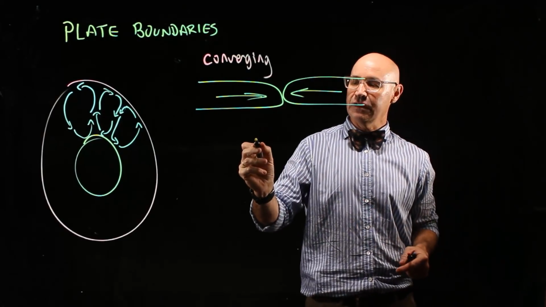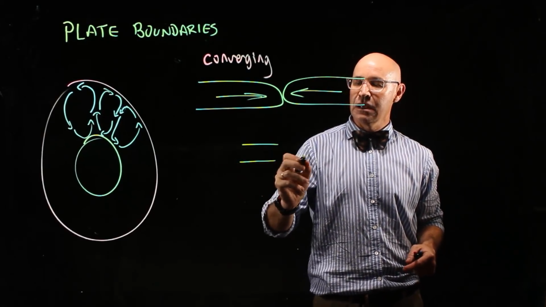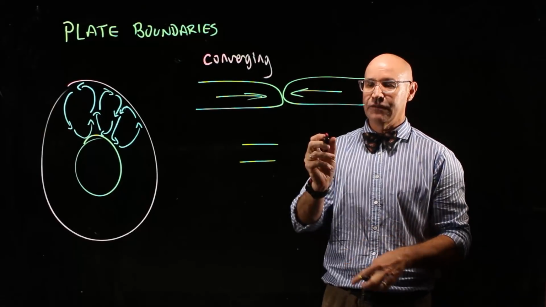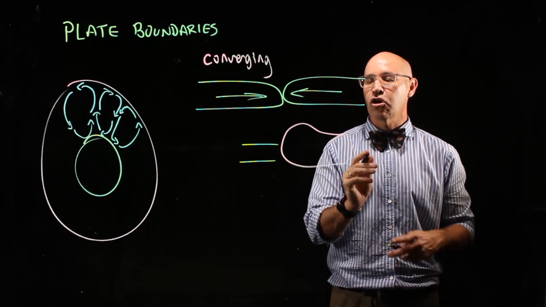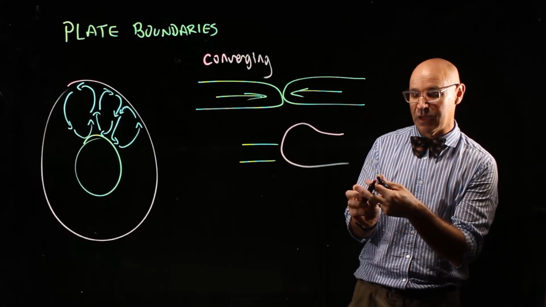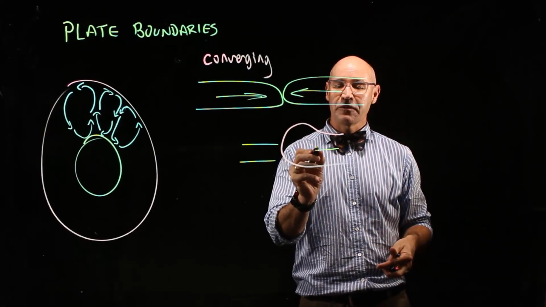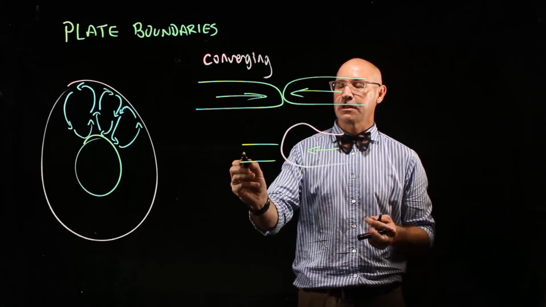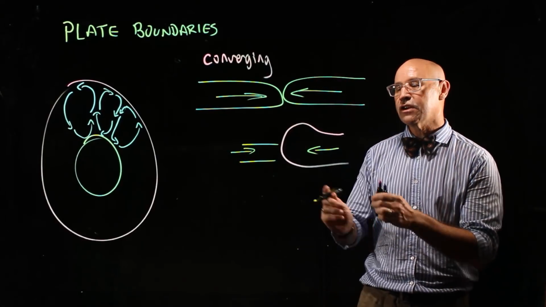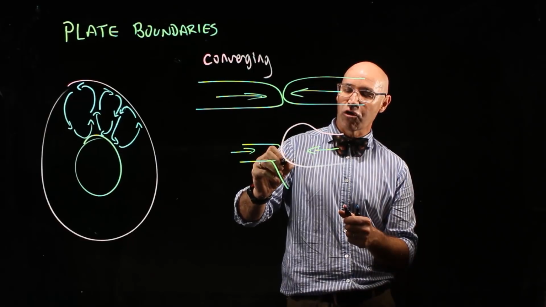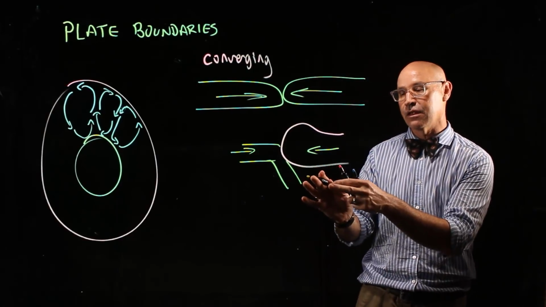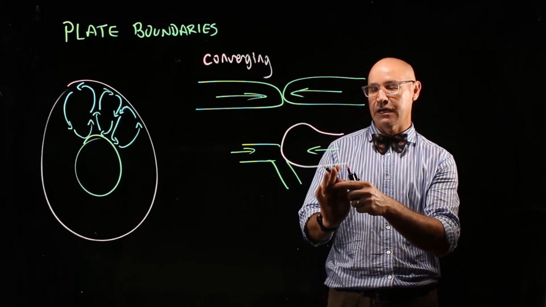If one of these is an oceanic plate and one of them is a continental plate, continental plates are thicker. So the continental plate's moving this way, the oceanic plate is moving this way. What's going to happen is the oceanic plate is actually going to drop down underneath the continental plate.